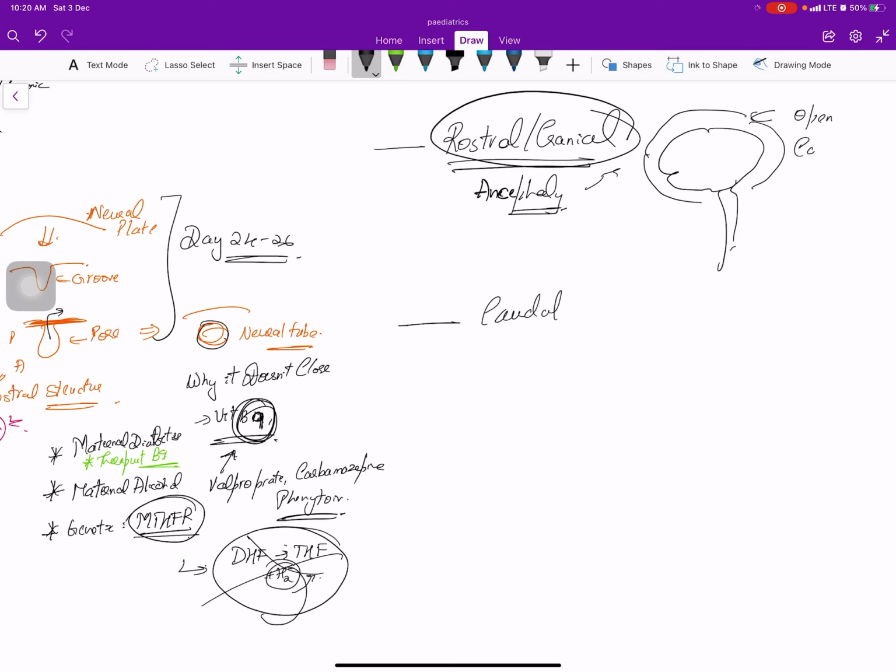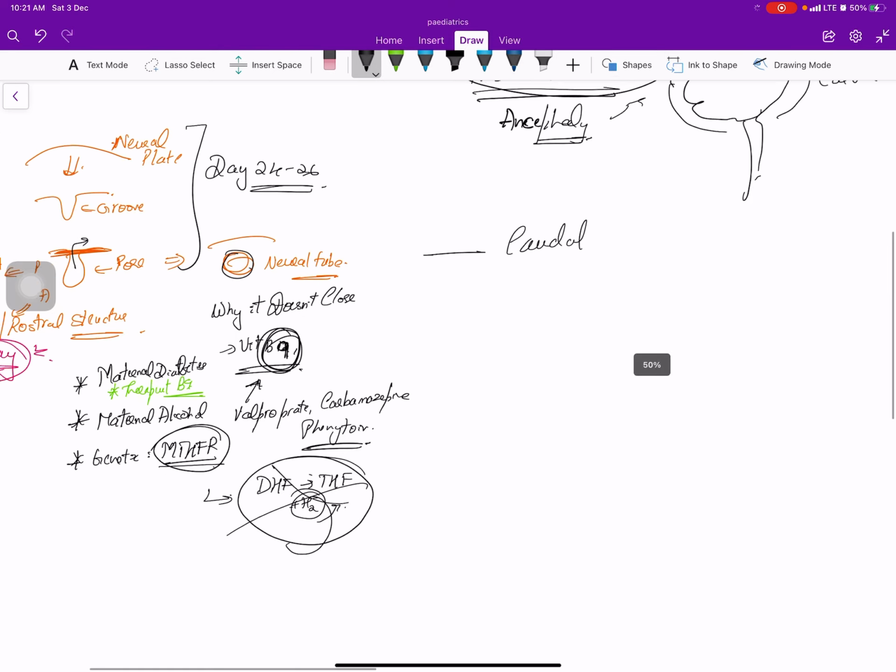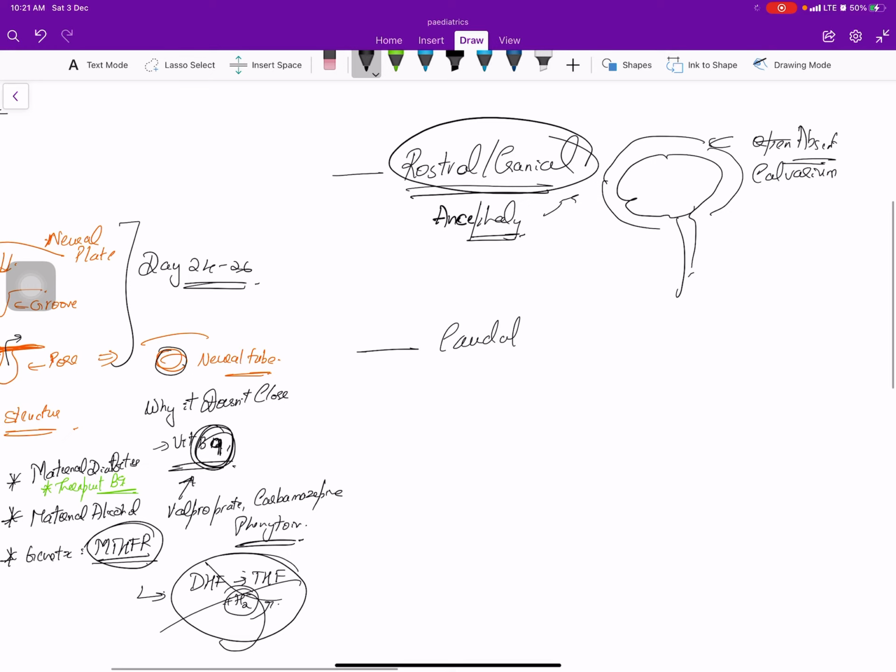So we call it open calvarium and absent calvarium. This could be complete or incomplete. Complete will be called holoanencephaly and incomplete will be called meroanencephaly.